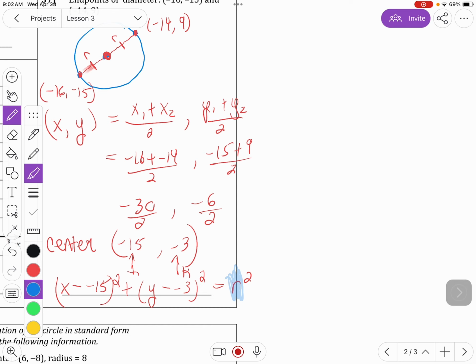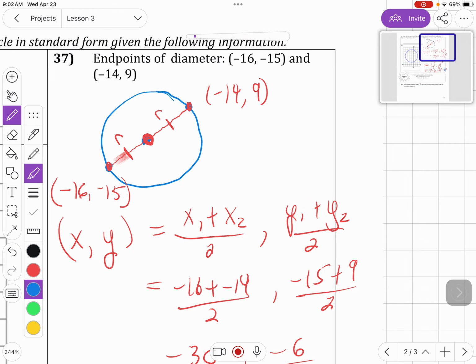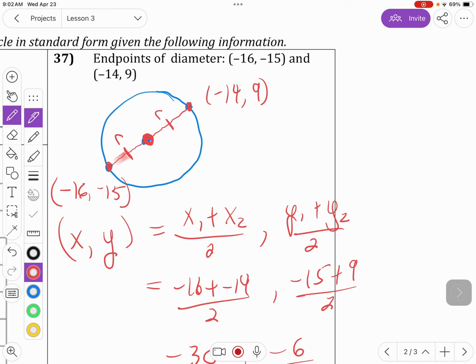Let me go back and mark this circle up a little bit more for you. Right now, I'm going to find this distance. Let me highlight it in a different color. I'm going to find this distance right here, and I'm going to use this endpoint, -14 and 9, and my center.